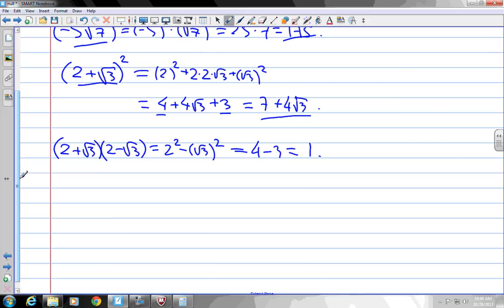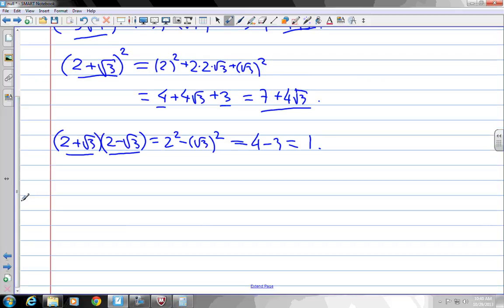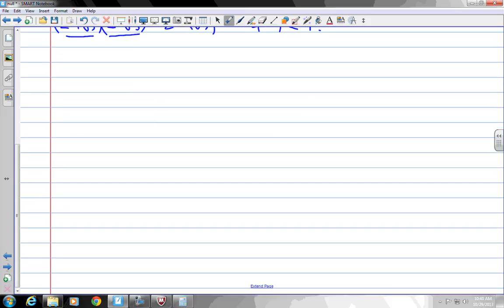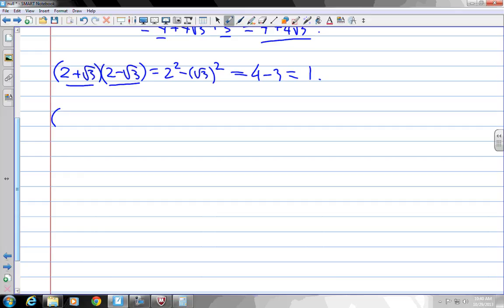We see it didn't happen here. But when I multiply two numbers that differ by a sign in the middle, the answer will always come out to be rational. Because look, no matter what two numbers I choose, let's play this game. Give me a number that kind of looks like that. 4.